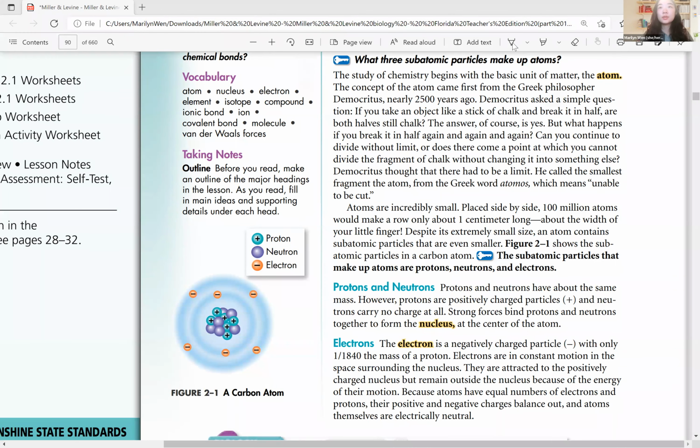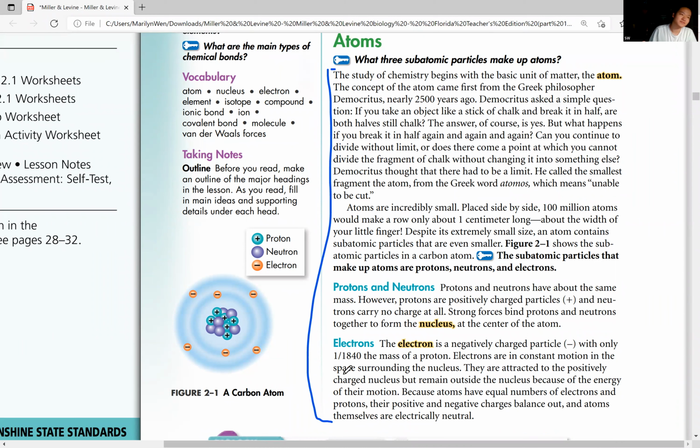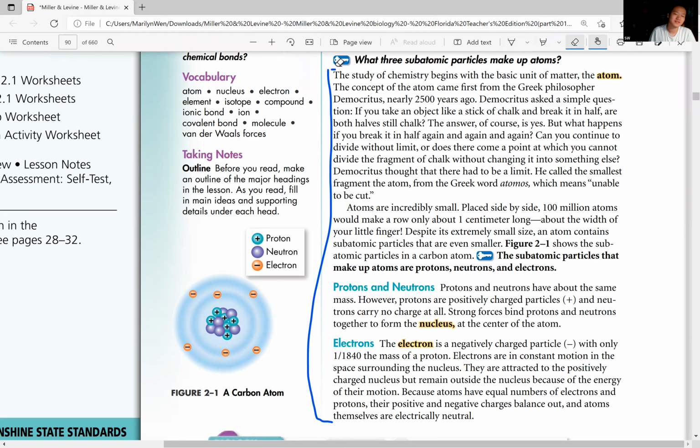It should be simple enough even if you haven't done chemistry yet. Let's read the paragraph about atoms first. I'll share my screen. It's this paragraph.